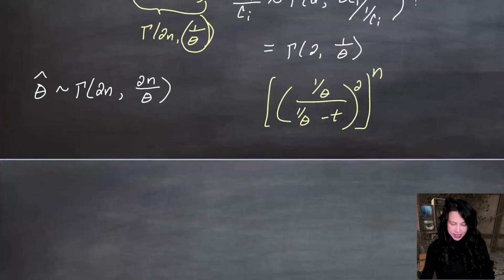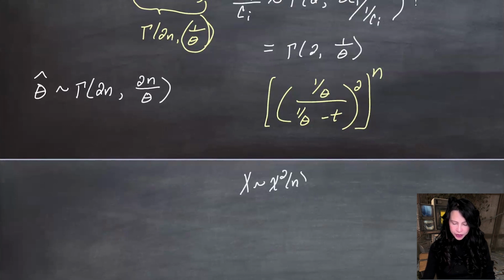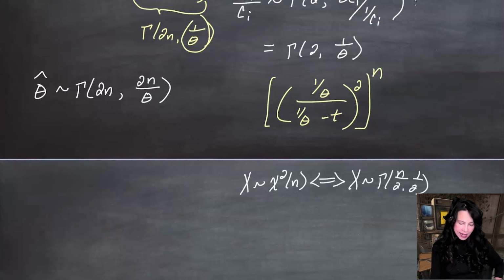Remember that if x has a chi-squared distribution with n degrees of freedom, that means that x has a gamma n over 2, 1/2. And I kind of always write this 2n as like 4n over 2. So I really need to get that second parameter to be 1/2.